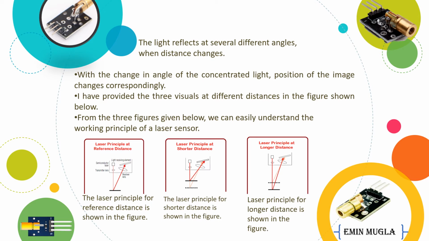The first one is the laser principle at reference distance, which is also, we can say, for close objects. And also there is the shorter distance laser principle, and the third one is longer distances, as we see on the picture.